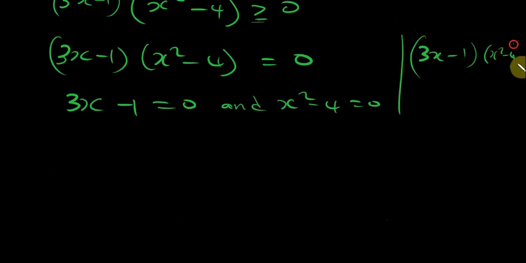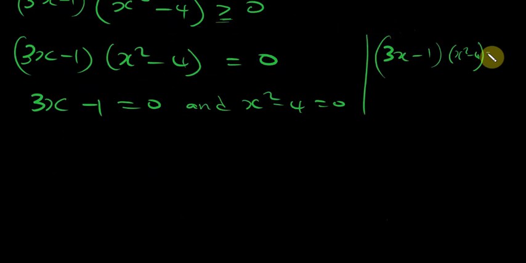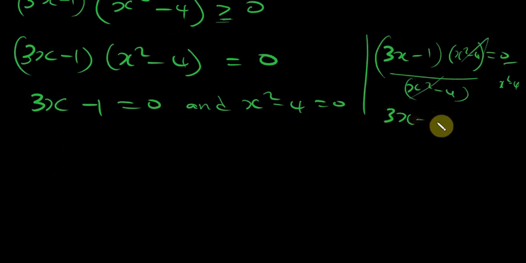If I want 3x minus 1 to be on its own, I divide everything by x squared minus 4, and I divide on the other side also by x squared minus 4. This and this one cancel out. I'm left with 3x minus 1 equals 0. Anything 0 divided by anything, you get 0. That's how we get this.